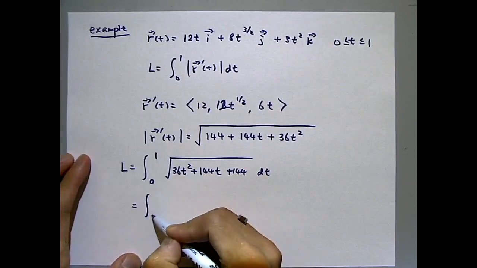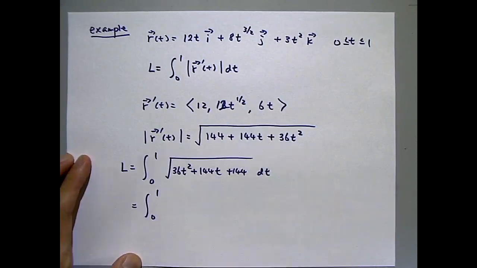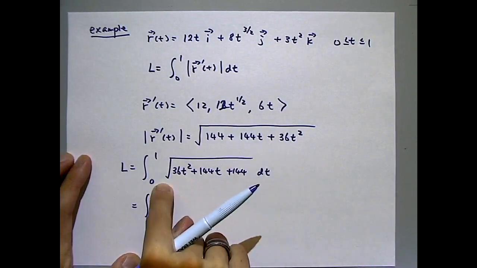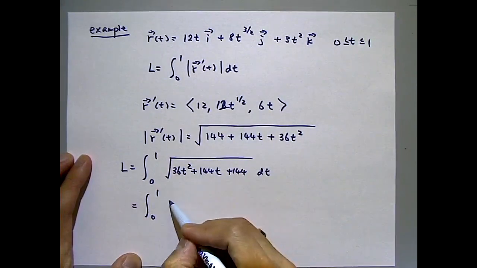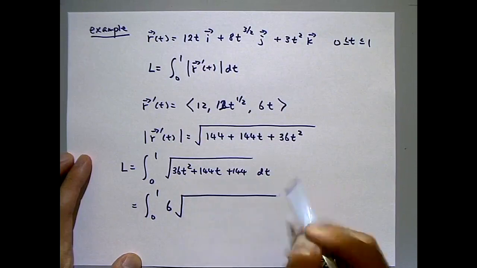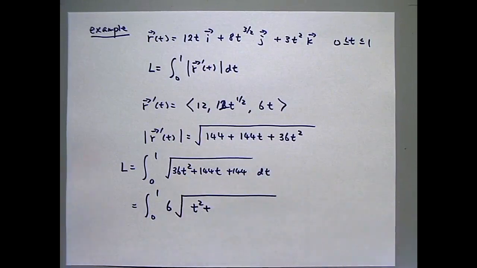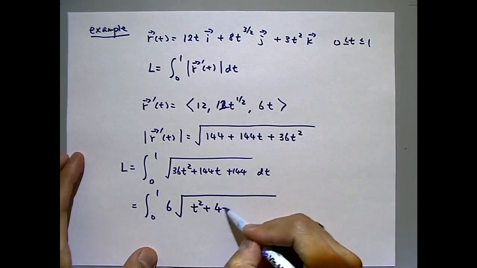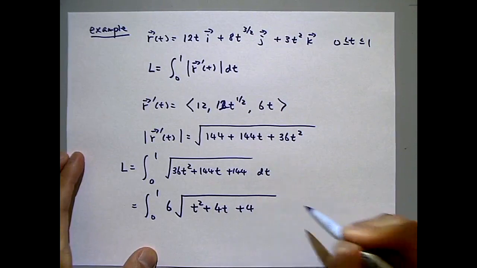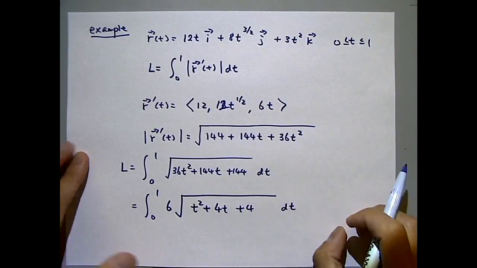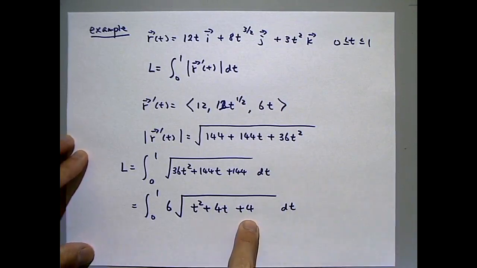Starting with that, 0 to 1. Let's take a 36 out of all of this stuff. It comes out of the root, becomes a 6. And that's a t squared. And 144 divided by 36 is 4, right? And this is a 4. And this is a perfect square, right?